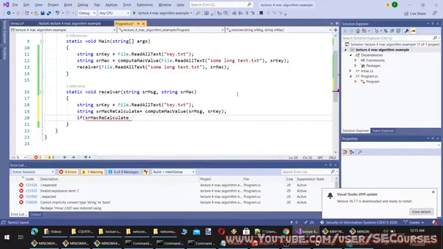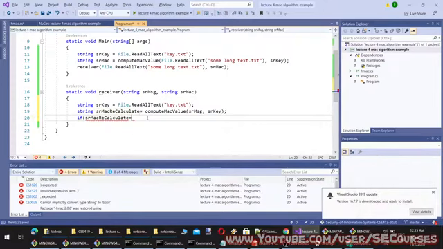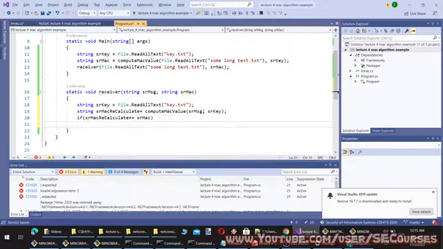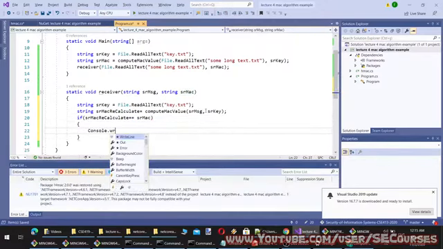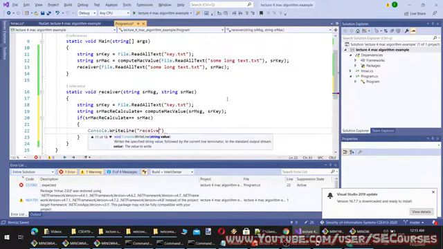So if the computed MAC is equal to the received MAC, it will print: received message was authentic and not forged.